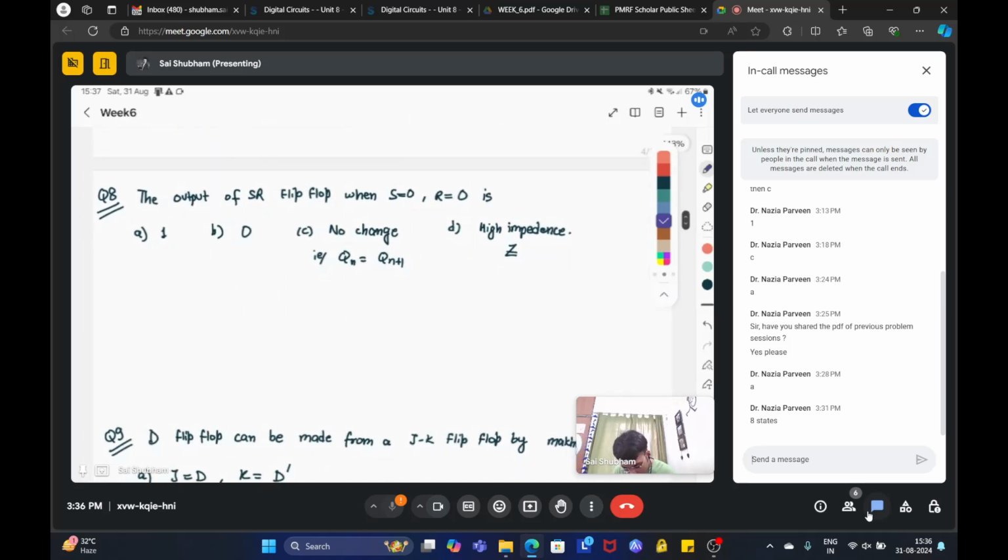So this is the next question. The output of SR flip-flop when S equal to 0 and R equal to 0.